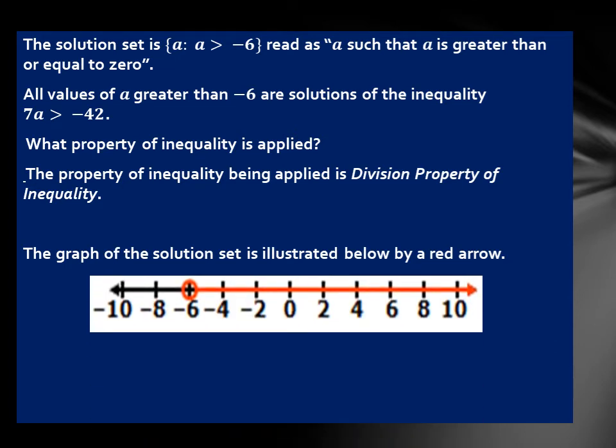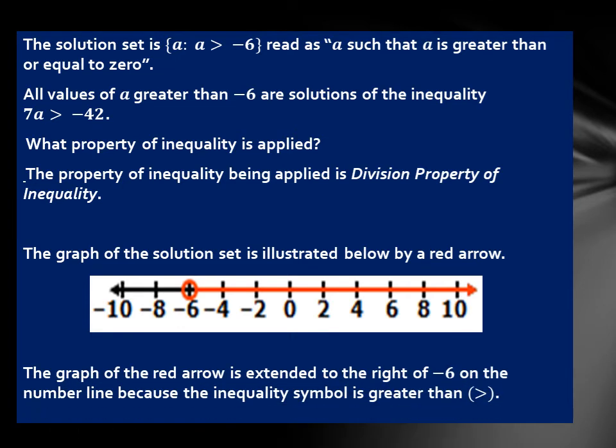The arrow extends to the right of negative 6 on the number line because the inequality symbol is greater than.